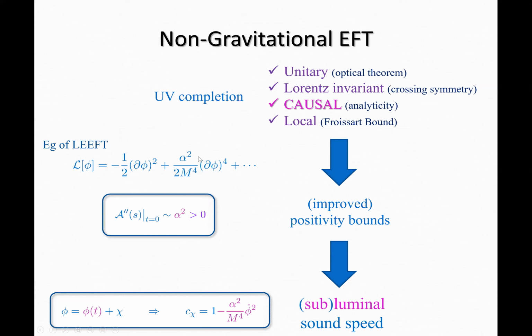So in order to embed this with alpha squared being negative, you would need to integrate out a ghost or a tachyon or something quite pathological that wouldn't satisfy the assumptions that we impose on ourselves.